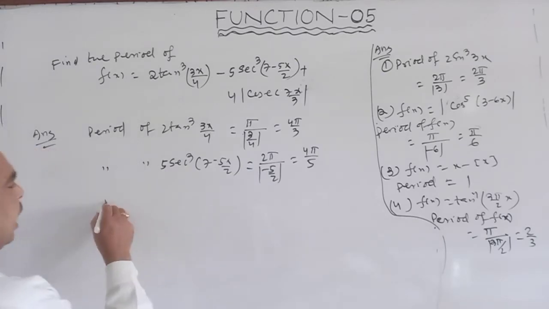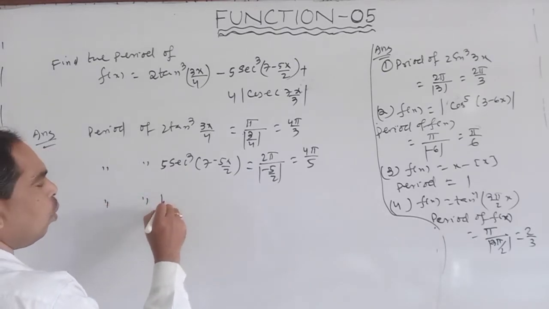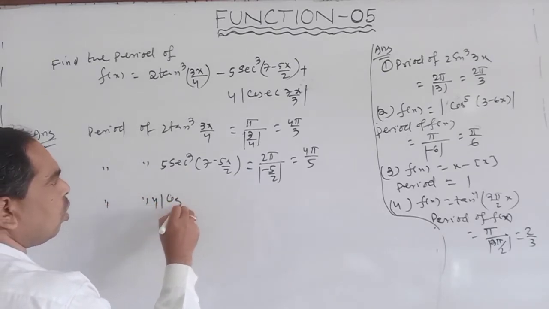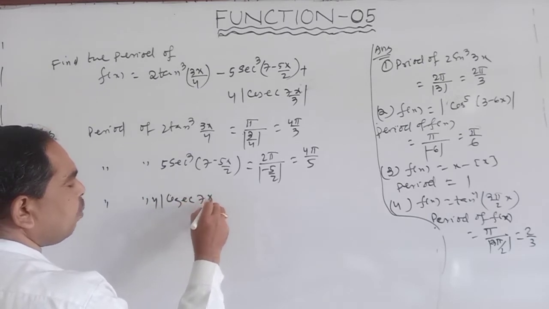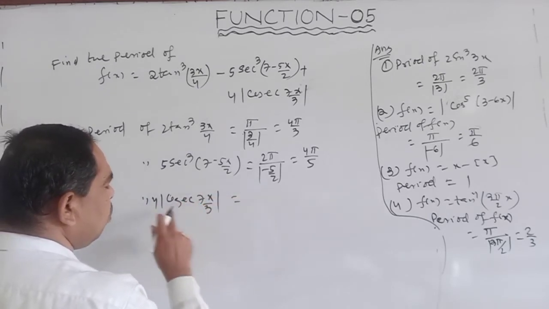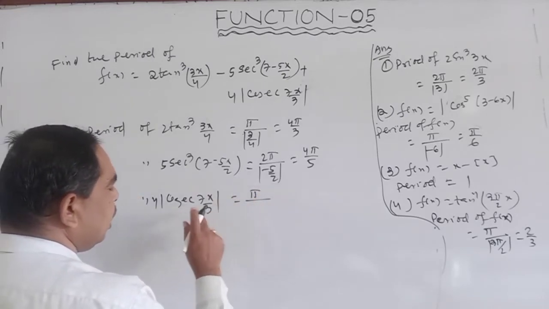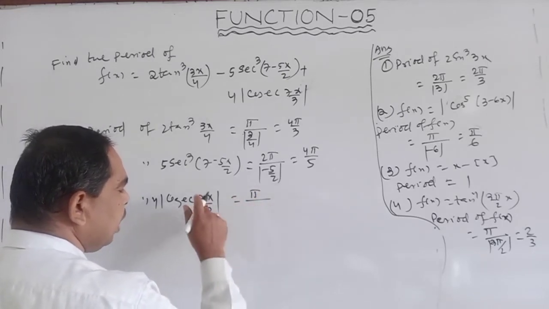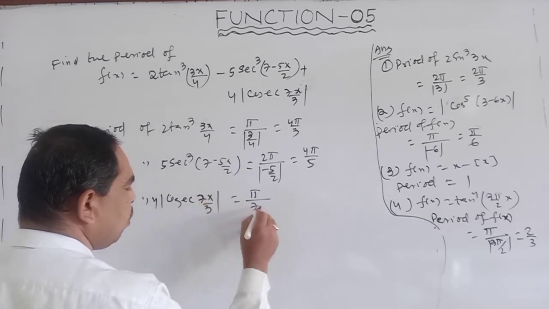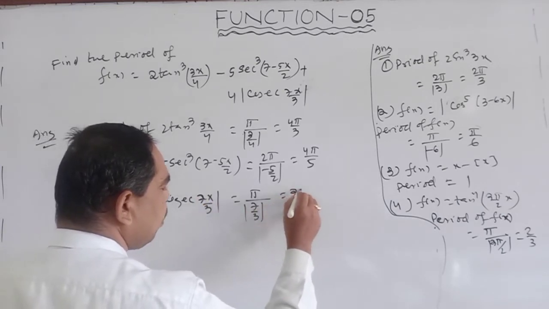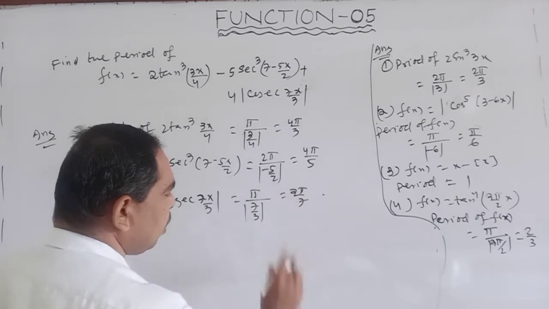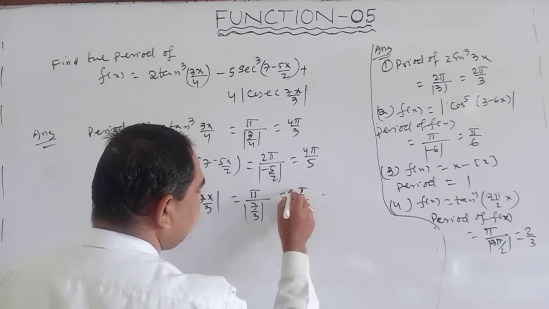Okay. Next, period of mod of 4 cosec 7x by 3, mod is there, so this is pi by 7 by 3 mod, which is 3 pi by 7. Okay, 3 pi by 7.